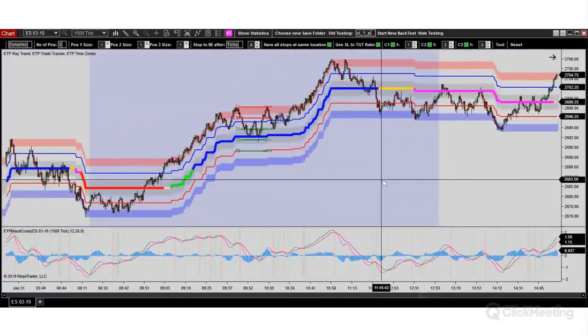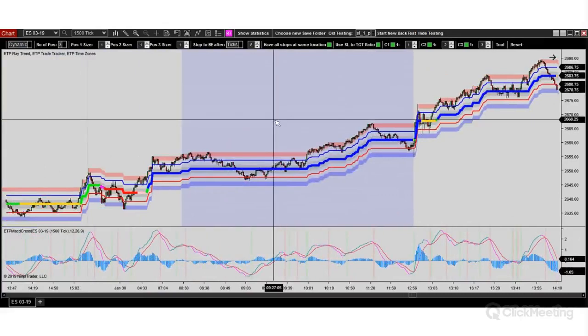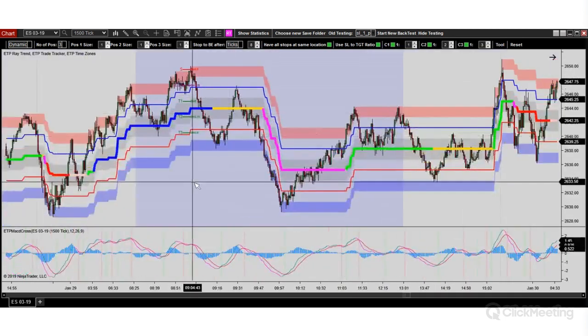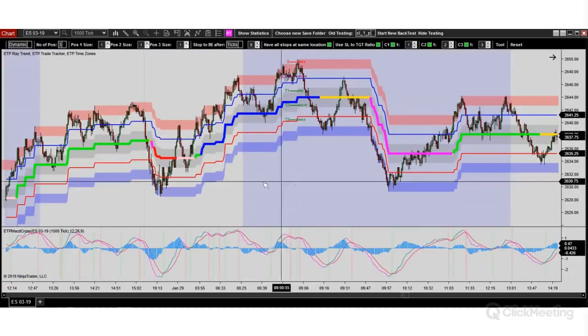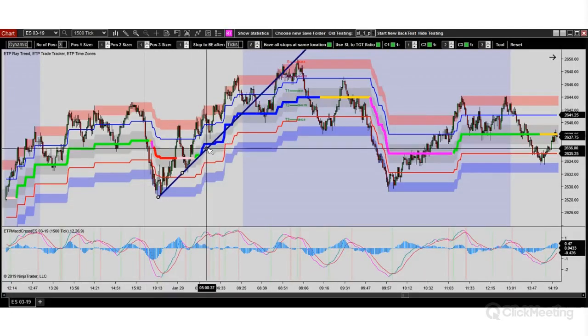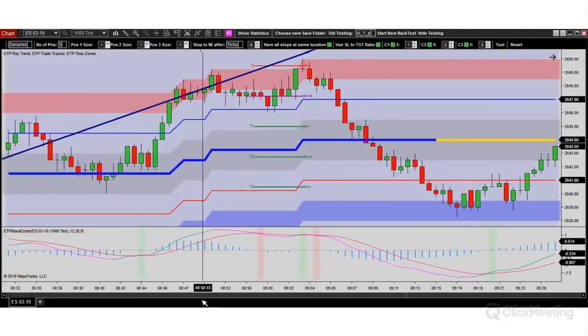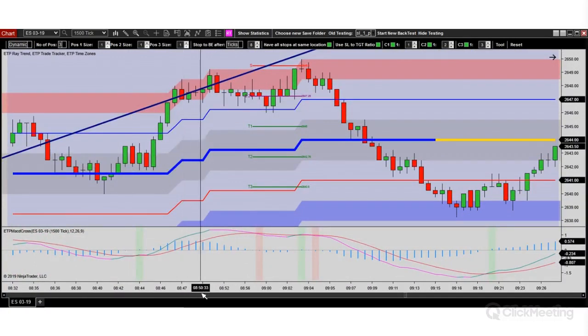That's target 1. There it is. All right. So here is the failed signal.